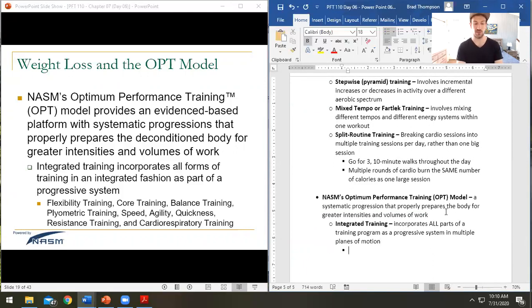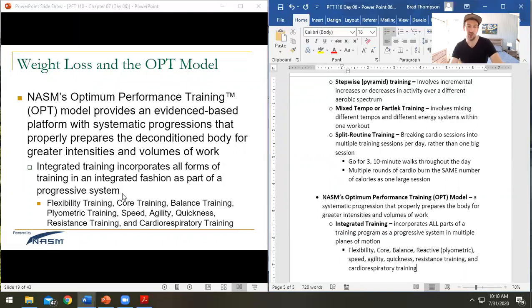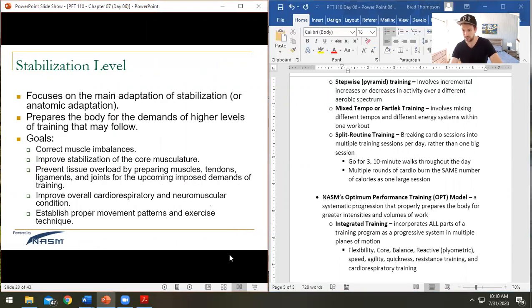So that is going to be flexibility, core, balance, reactive, more commonly known as plyometric, speed, agility, quickness, resistance training, which we spend most of our time talking about, and cardiorespiratory training. So we need to be able to build all of these things, right?